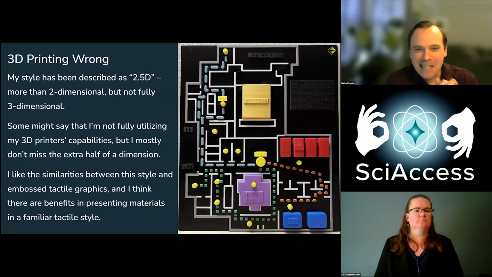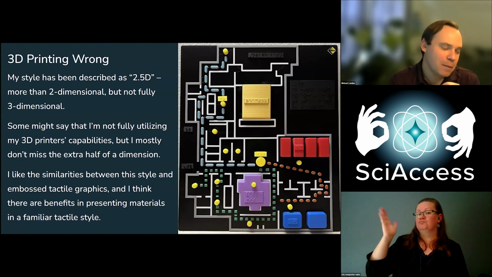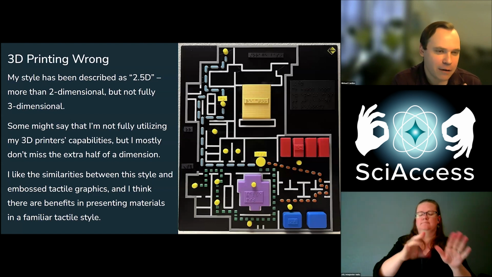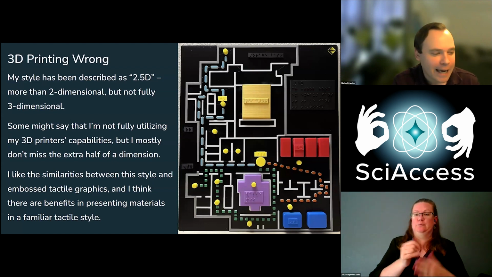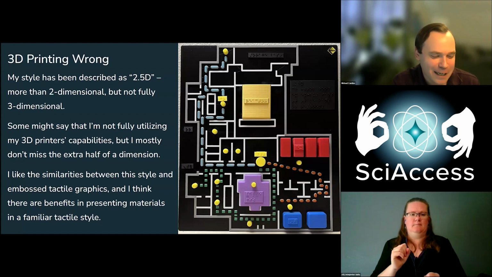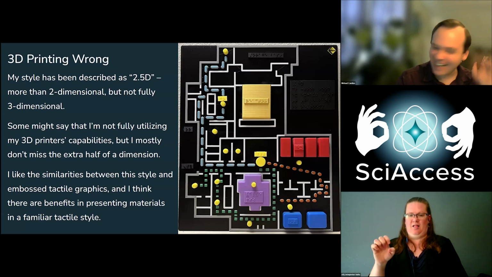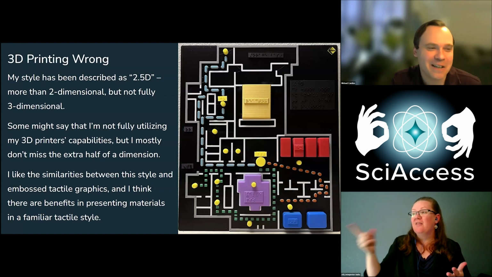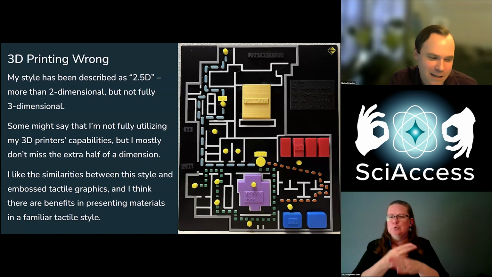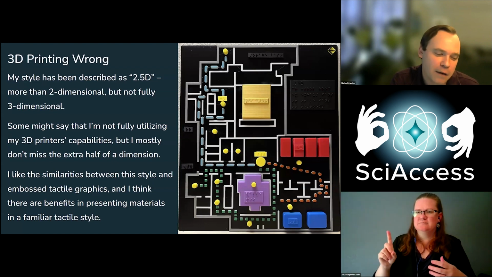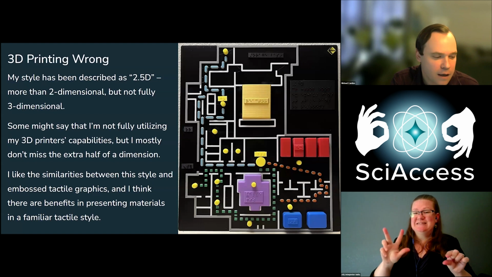So I gave a presentation this spring that was titled 3D Printing Wrong to Create Expert Tactile Graphics. And that is a critique that's been leveled against me, that maybe I'm not 3D printing correctly if I'm not fully utilizing the third dimension in my printer and creating truly 3D things.